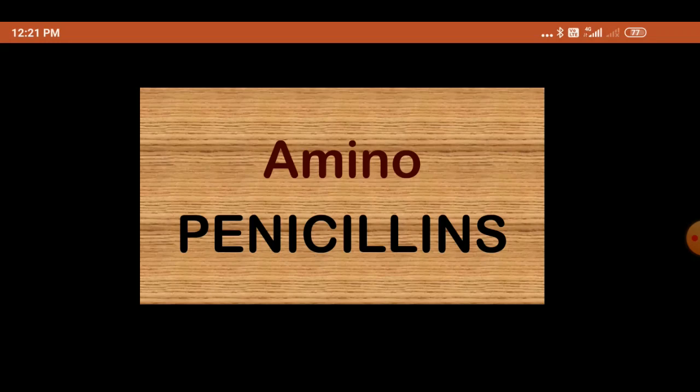So aminopenicillins like ampicillin, amoxicillin, a prodrug of ampicillin is talampicillin, bacampicillin, and another drug is pivampicillin. All of them are extended spectrum antibiotics.